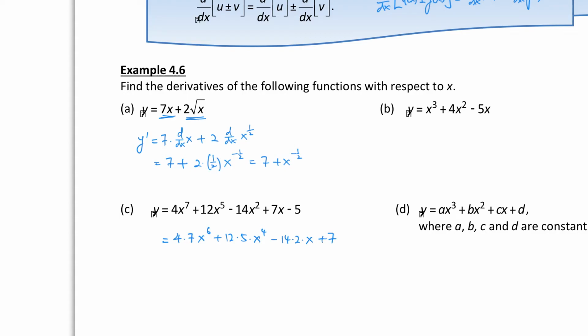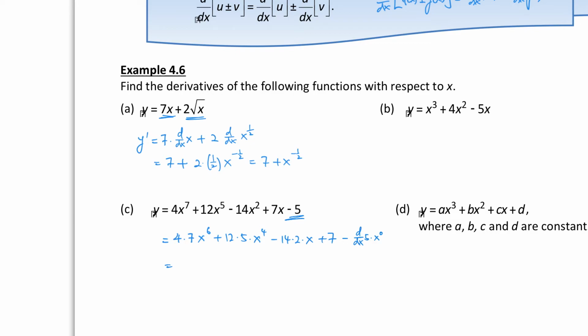How about negative 5? Minus d over dx of 5, which is 5 times x to the power 0. So we write down the power, and 0 times something must be equal to 0. So remember, next time if you want to find the derivative of a constant, independent of x, it is equal to 0.